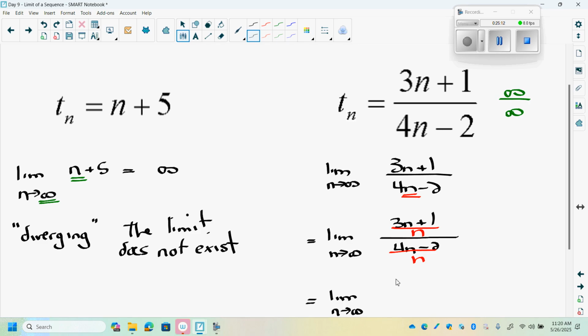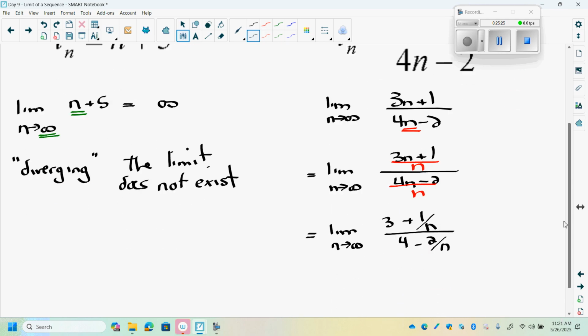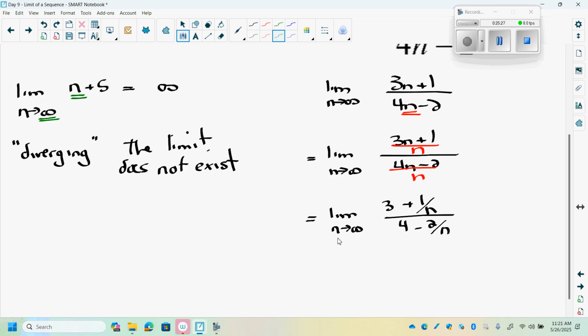I end up with 3n over n, 3, plus 1 over n. 4n over n is 4, minus 2 over n. As n gets bigger, these two terms will go to 0. I'll have 3 plus 0 over 4 minus 0, which is 3/4.